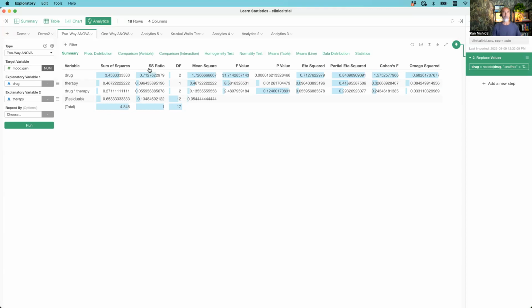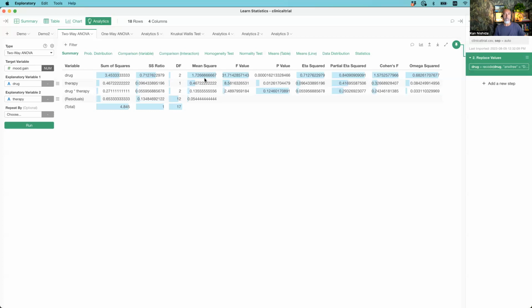And this sum of squares ratio is basically, with the total being 1, the percentage of variance for each. Then there's the degree of freedom, which is the divider for the sum of squares to calculate the mean sum of squares. Once you get the mean sum of squares, that is really the variance.